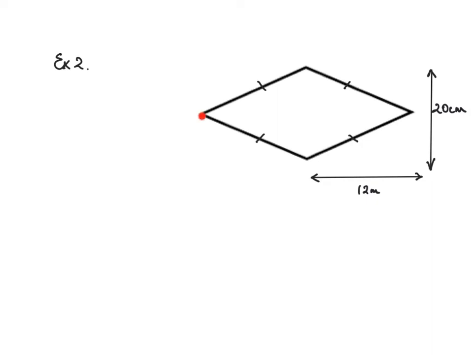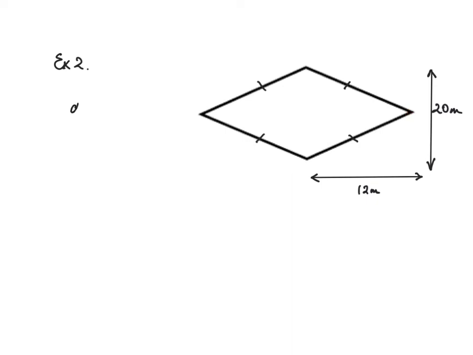What we also want to know is this distance here, the length of the longer diagonal. And I hope you can see that this 12 meters represents half of that long diagonal. So from this point to this point is 12. So from this point to this point then it must be 24.